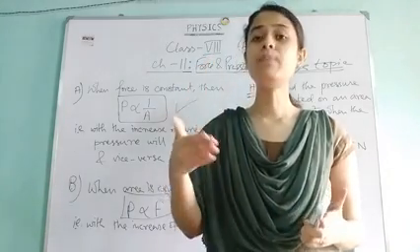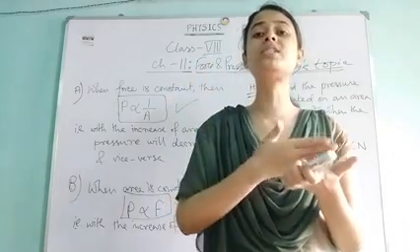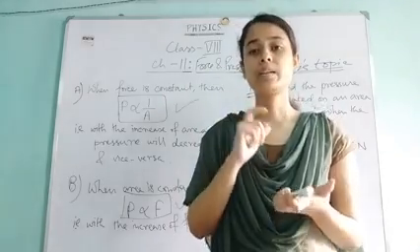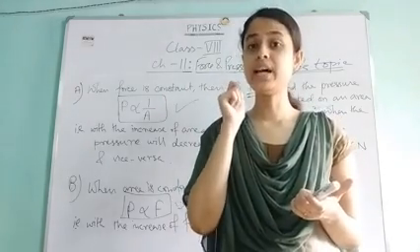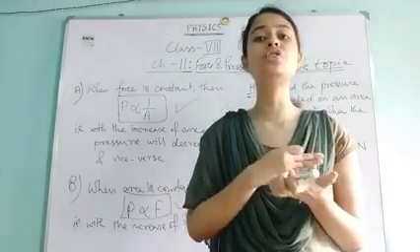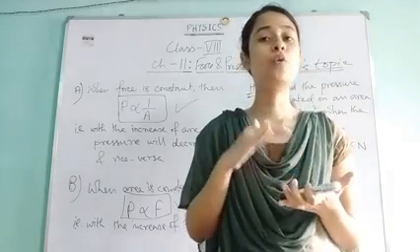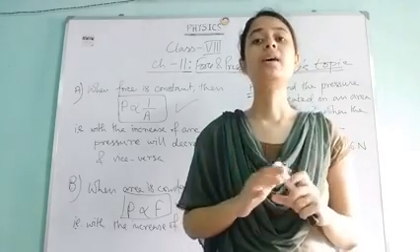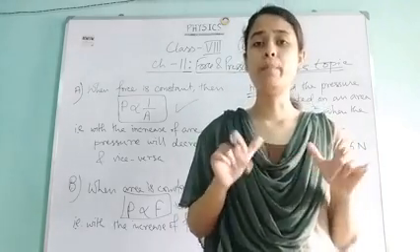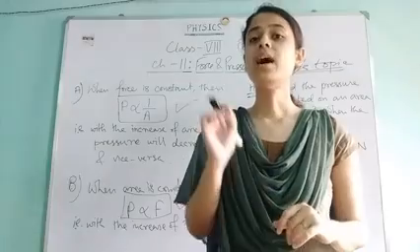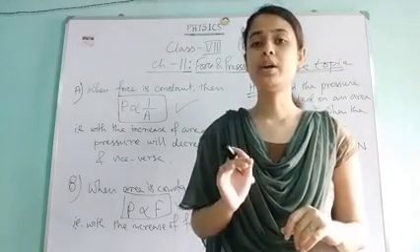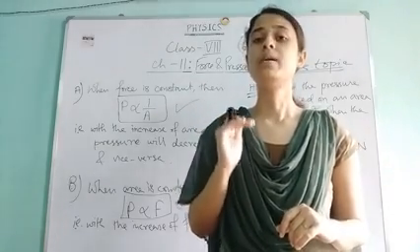But with the help of that butter knife, we just spread the butter on the bread. If the edge is very sharp, then it will cut the bread and you won't be able to eat the bread in its proper way. So that's why the edge of the butter knife is always kept blunt.